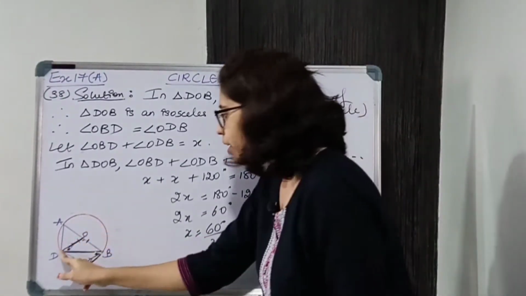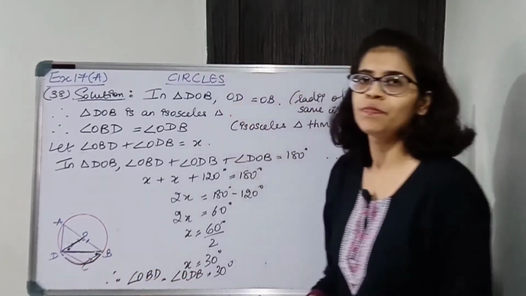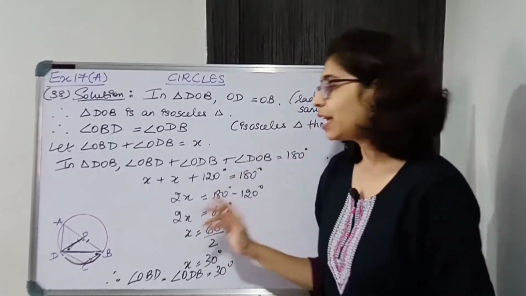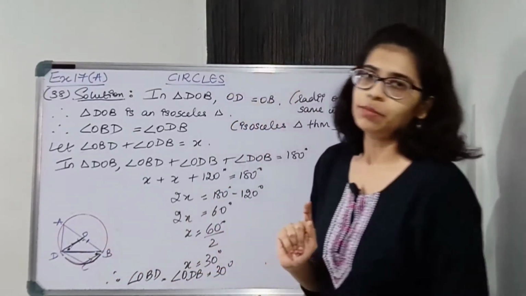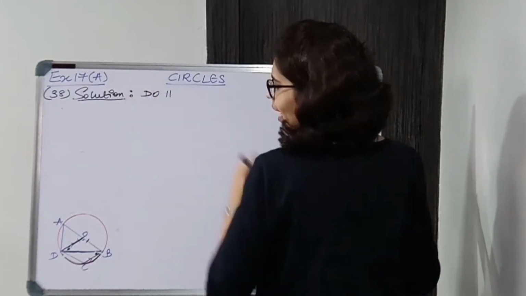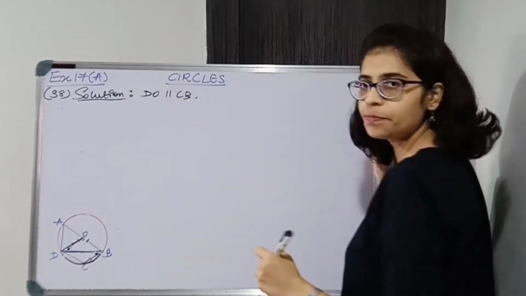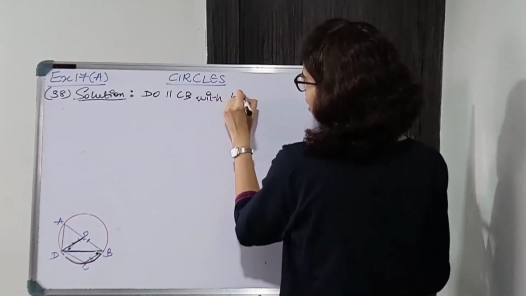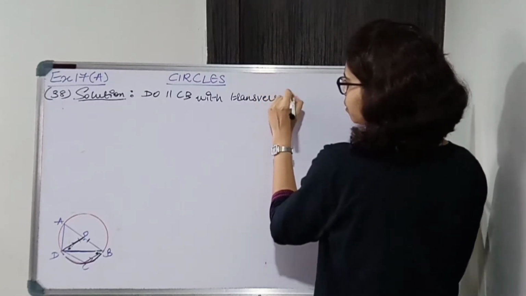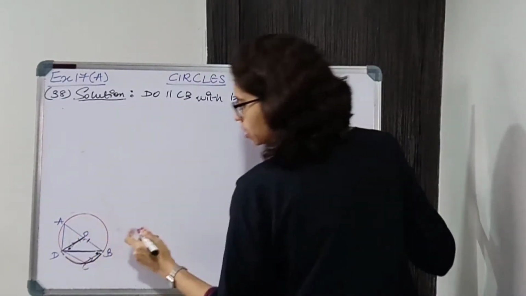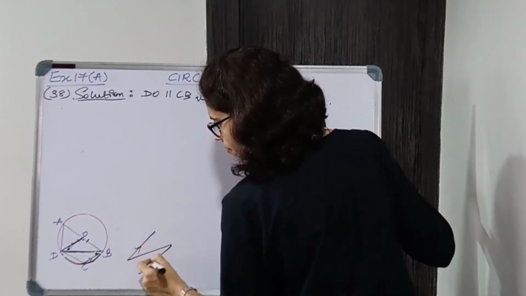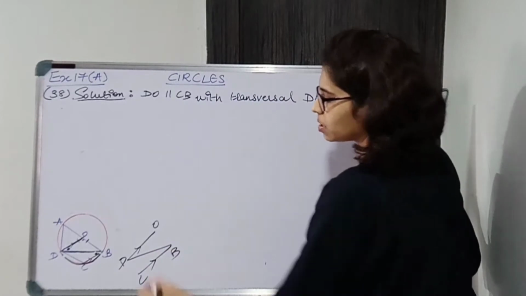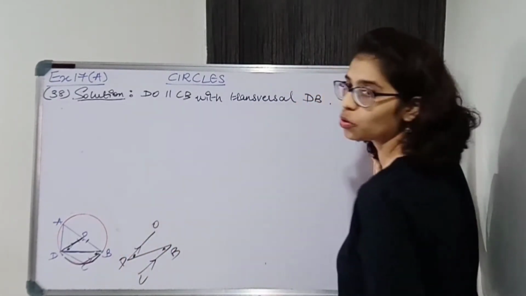Now ODB is equal to DBC. So we'll write down that DO is parallel to CB with transversal DB. Therefore, ODB is equal to DBC. DO is parallel to CB, this is given, with transversal DB. This is the transversal. DO and CB are parallel and this is the transversal, therefore these are alternate angles and therefore they are congruent.